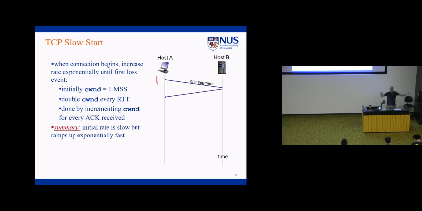In bytes, it could have been 1,000 bytes, but let's say in terms of packets. When I get this acknowledgement, I will add 1 to it. So right now, my congestion window or my pipeline size becomes 2. So I am allowed to send 2 packets. Let's say the network handles it and both of them go through. So I get 2 acknowledgements back.